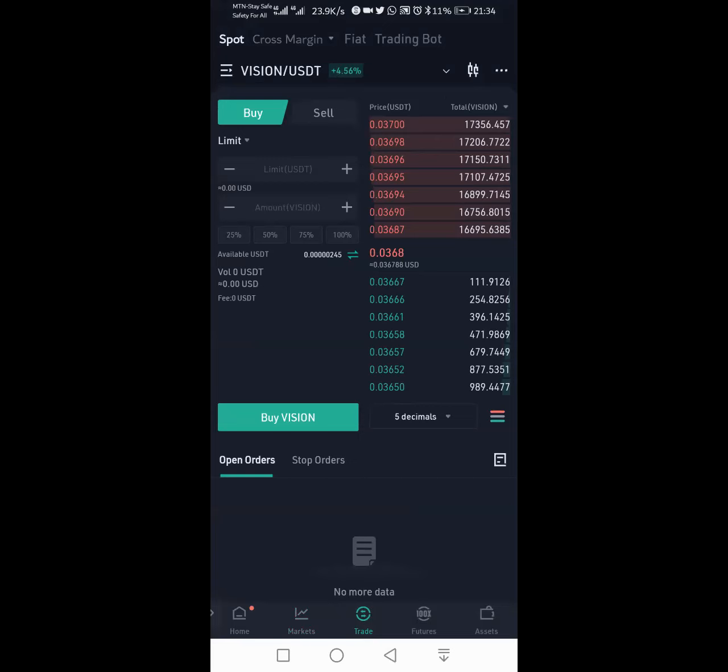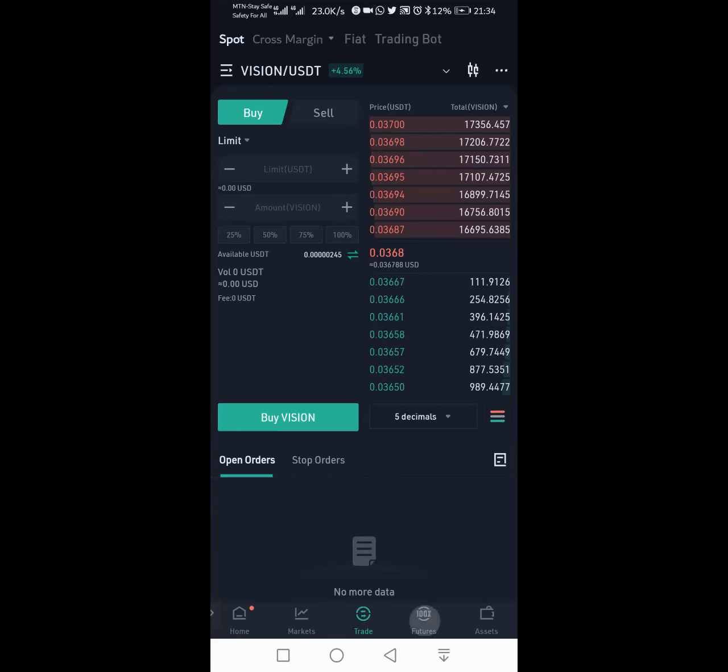Their spot wallet is where all money comes to. If you want to do anything at all, you transfer from that wallet to another wallet. You have a trading wallet. Before you can trade, you transfer to your trading wallet. Unlike Binance, where once your money comes to your wallet, you can trade from there. You only transfer to your derivative accounts, maybe your futures wallet, your funding account, and all that.